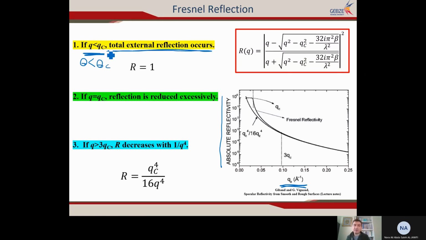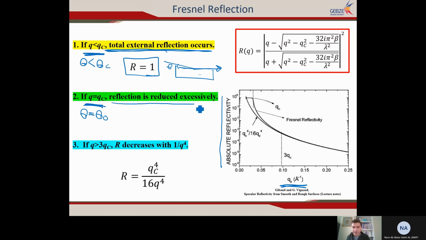So the whole intensity goes to the detector, okay? We have maximum intensity for very small theta angles, lower than the critical angle. And if theta is equal to theta critical, or Q is equal to Q critical, then reflection is reduced excessively.